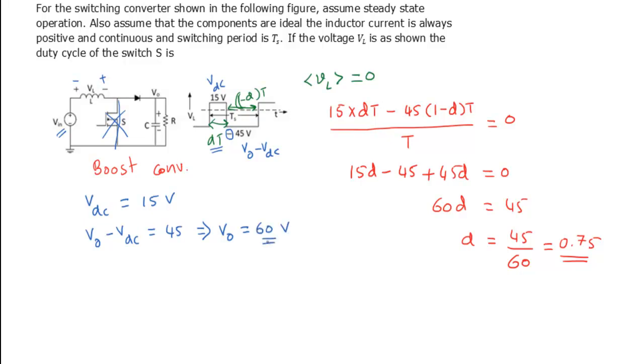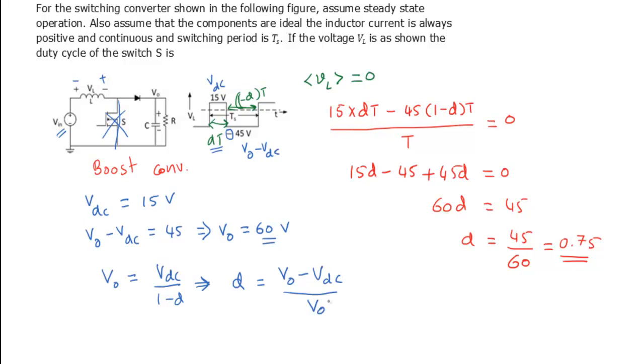I already told you that for the boost converter, V0 equal to VDC by (1 minus D). So from this you can calculate D equal to (V0 minus VDC) divided by V0.